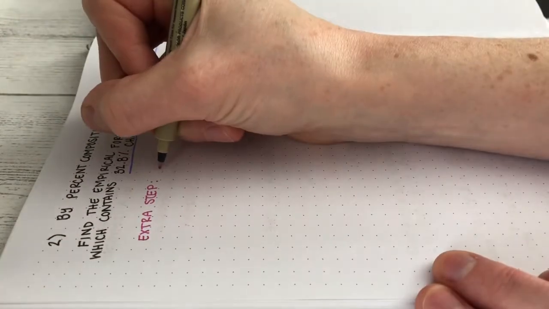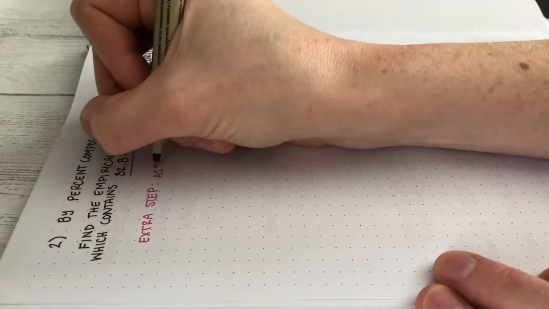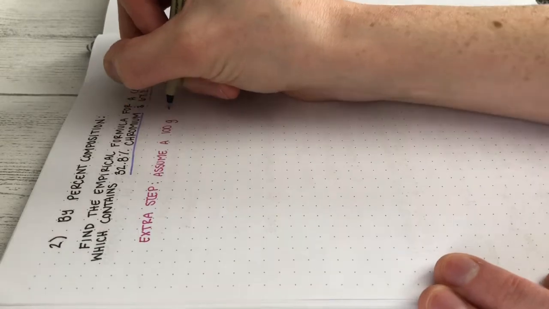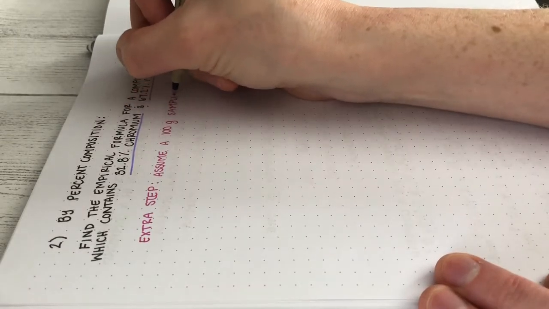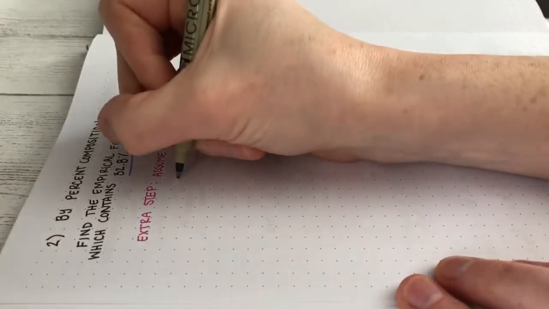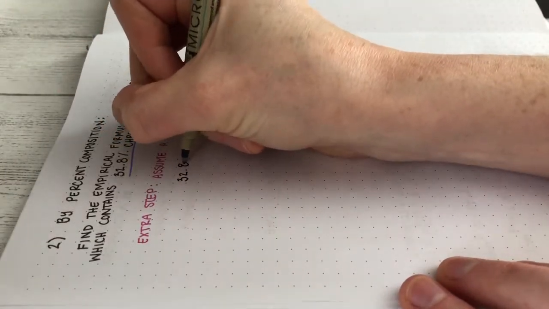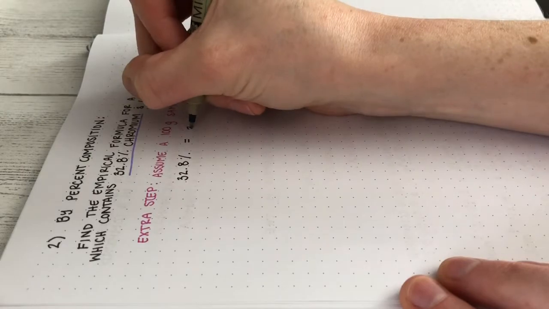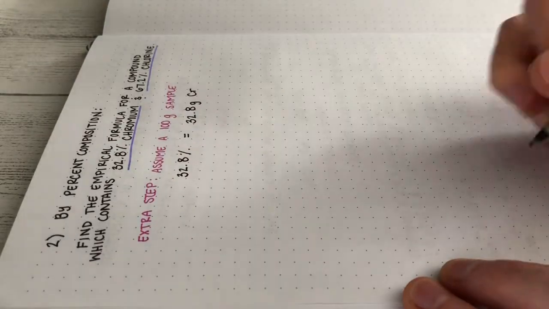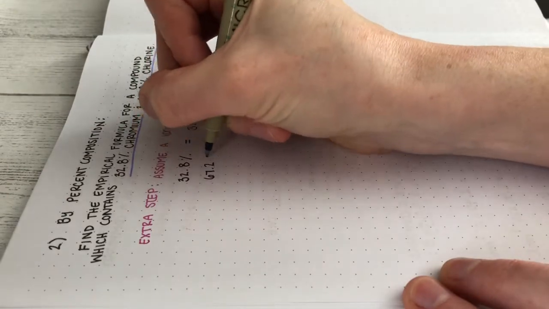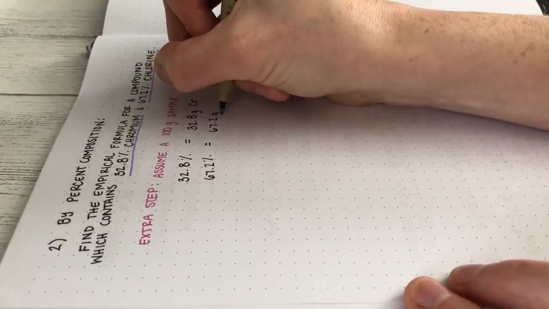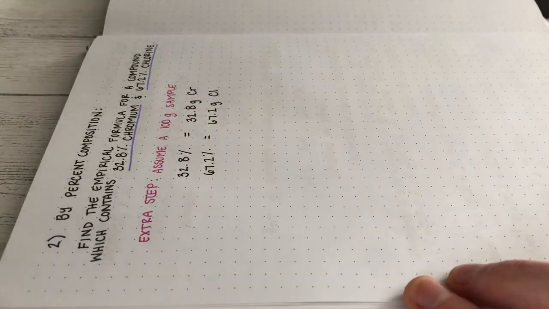All you have to do is assume a 100 gram sample. If you assume that you have a 100 gram sample, which isn't going to change your answer or anything, then 32.8% chromium becomes 32.8 grams of chromium. And 67.2% chlorine becomes 67.2 grams of chlorine.